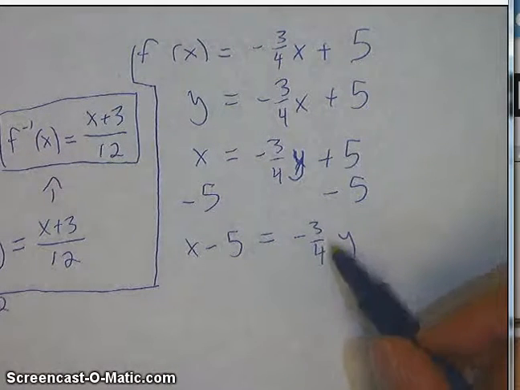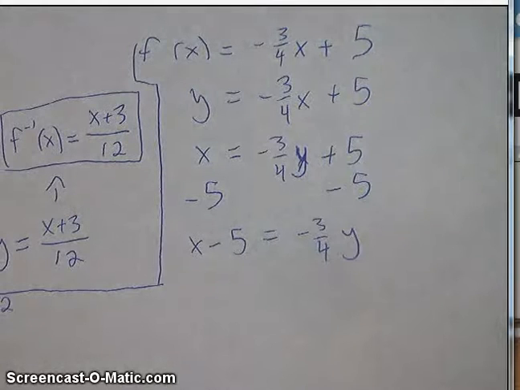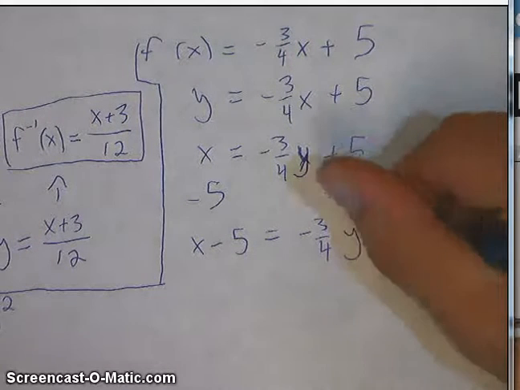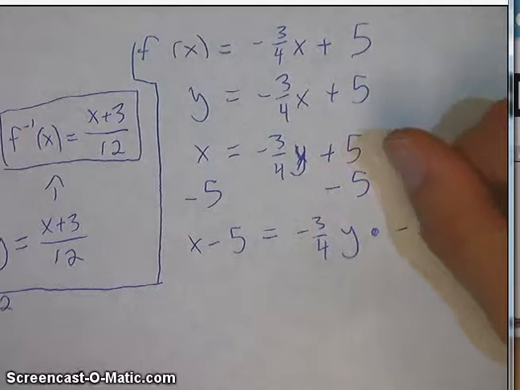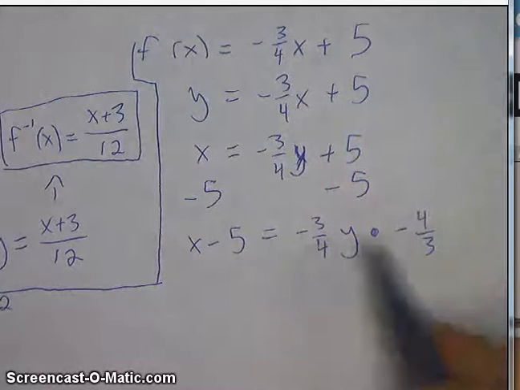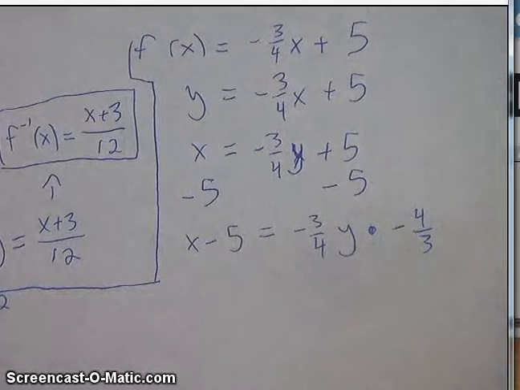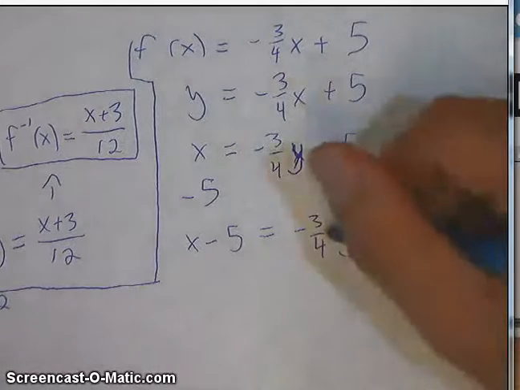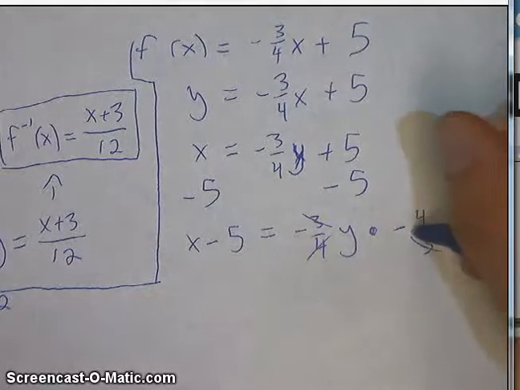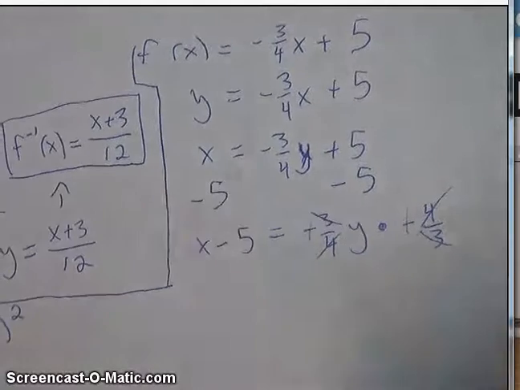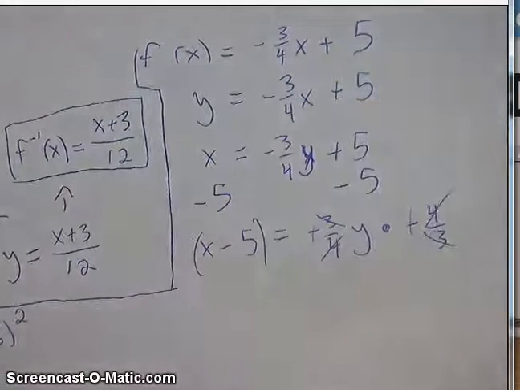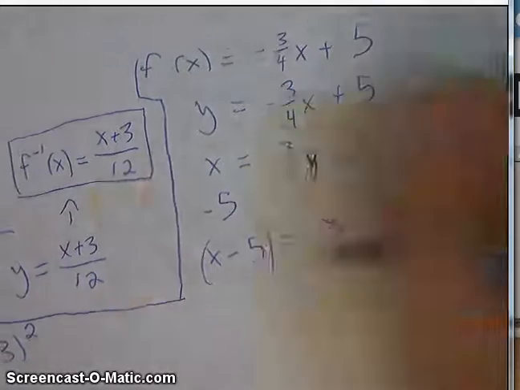The easiest way to get rid of this negative 3/4 is to multiply by the reciprocal. So I'm going to multiply both sides by negative 4 over 3. It's still negative, because the negative and the negative makes a positive, so they cancel out. That 3 cancels with that 3, and that 4 cancels with that 4, and that negative cancels with that negative. So I'm left with just y, but I need to do it on the other side as well. And I need to multiply the entire other side by negative 4/3.